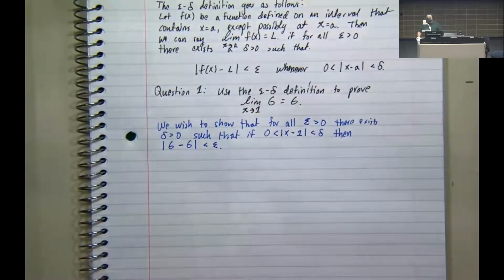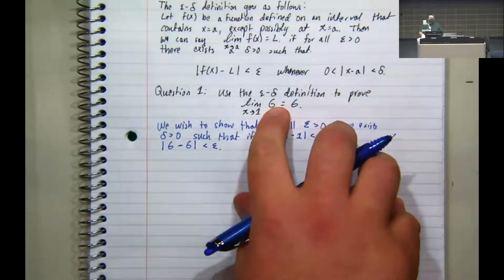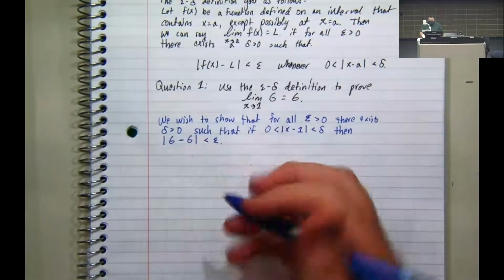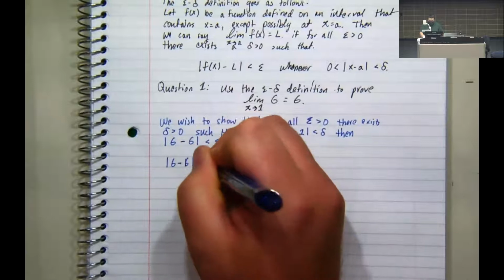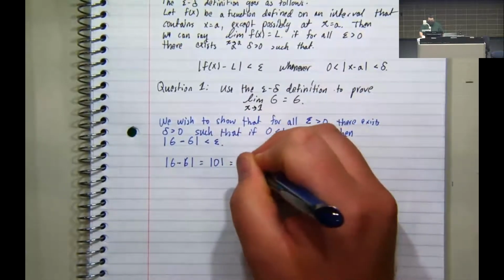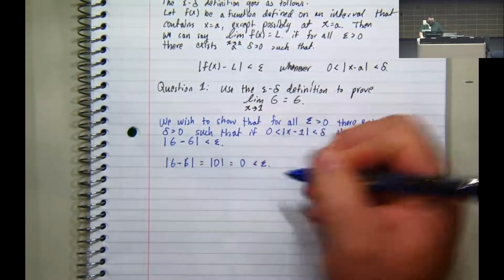First thing we notice here is that we have a function that will always be 6. It's constant, it's independent of x. So that's why this is a special case. The first thing we notice is that 6 minus 6 is equal to 0, which is less than epsilon.